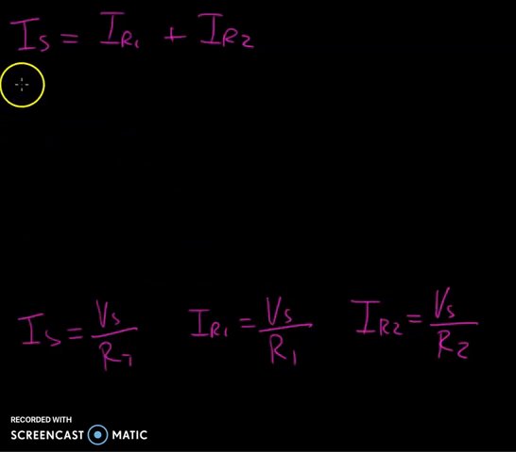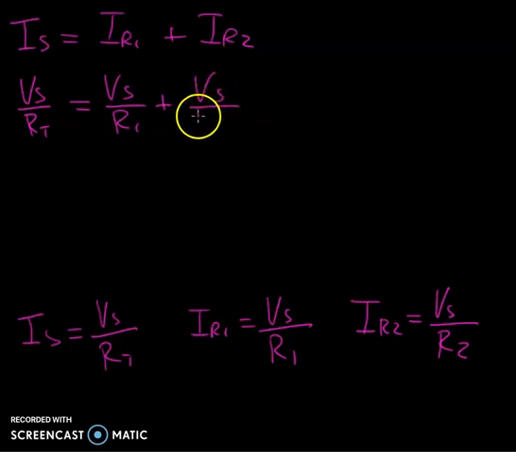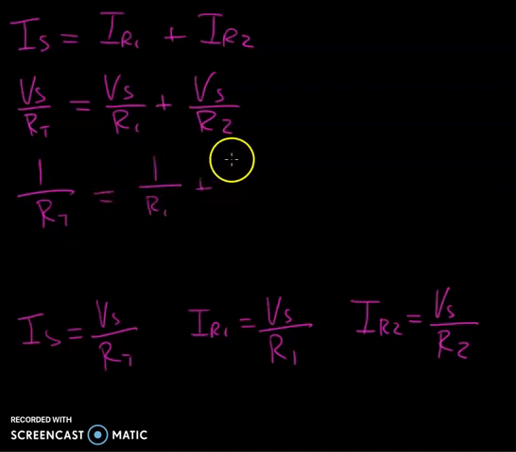So we can say that therefore VS over RT is equal to VS over R1 plus VS over R2, and as I just said, VS is common to all of these, so it doesn't matter what VS is. It could be 100, it could be 1,000, it could be 2, it could be 30 milli, whatever, but we'll change it to 1. 1 over RT equals 1 over R1 plus 1 over R2.